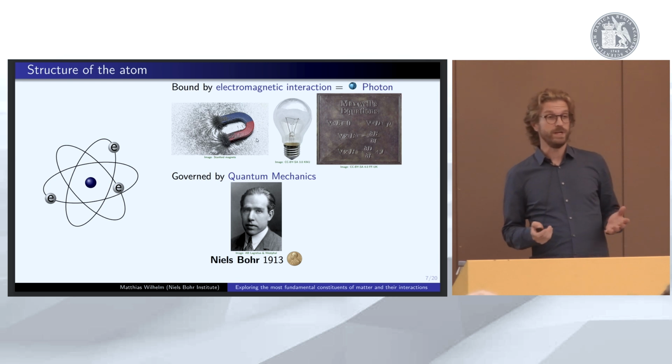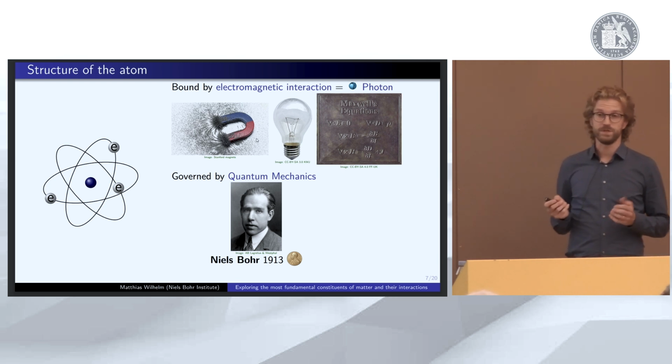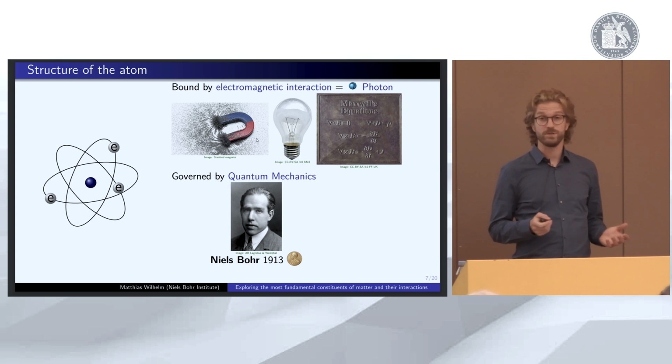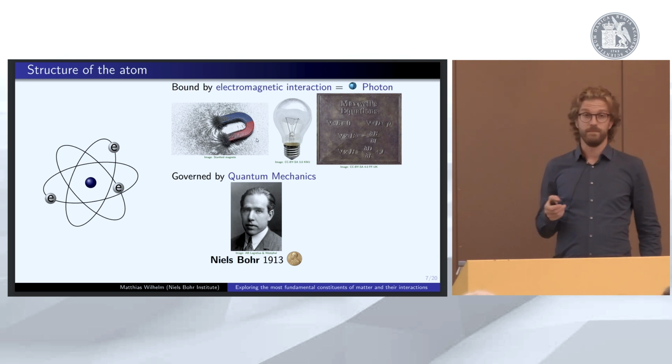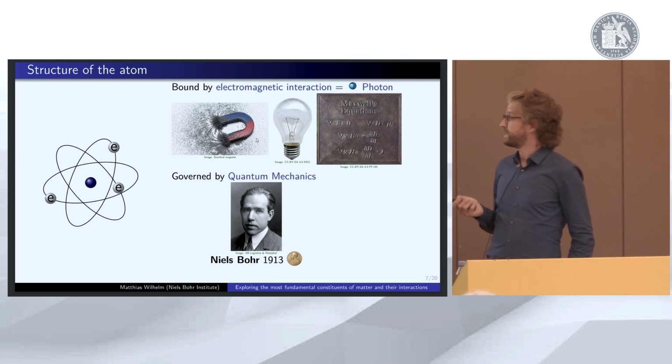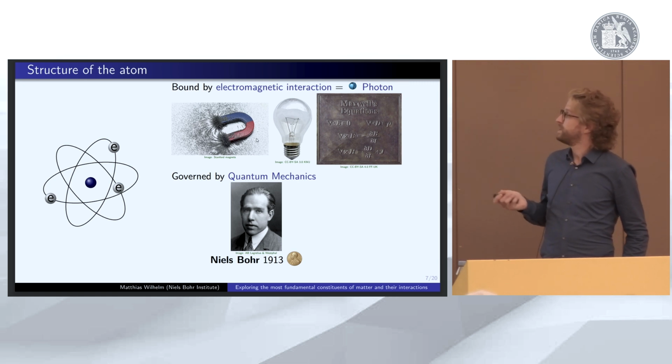The solution here came in the form of Niels Bohr, who proposed that the movement of those electrons should not be governed by the well-established Newtonian equations, but it should be following the much newer laws of quantum mechanics. And this is how he formulated his Nobel Prize-winning model of the atom that we know today.